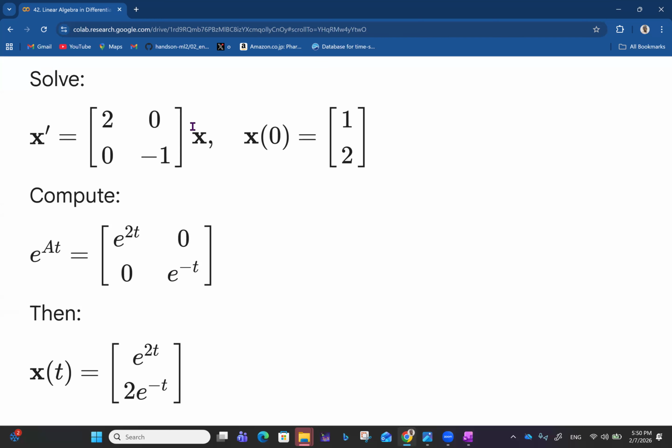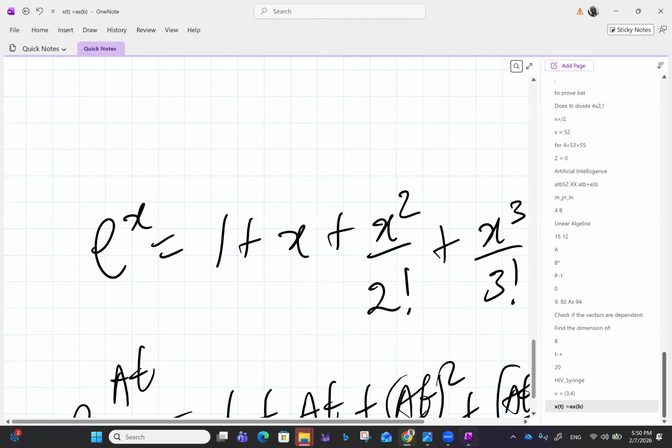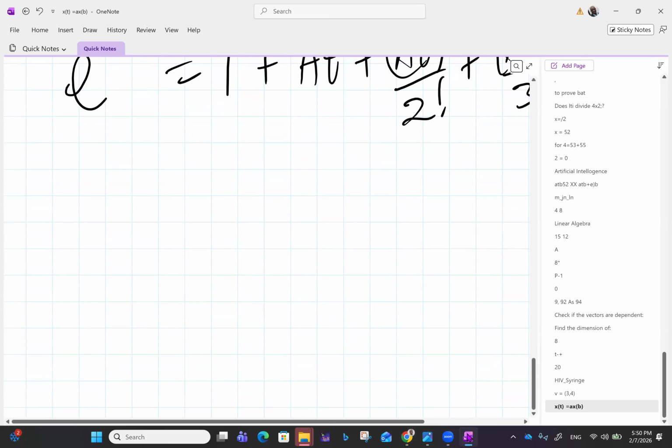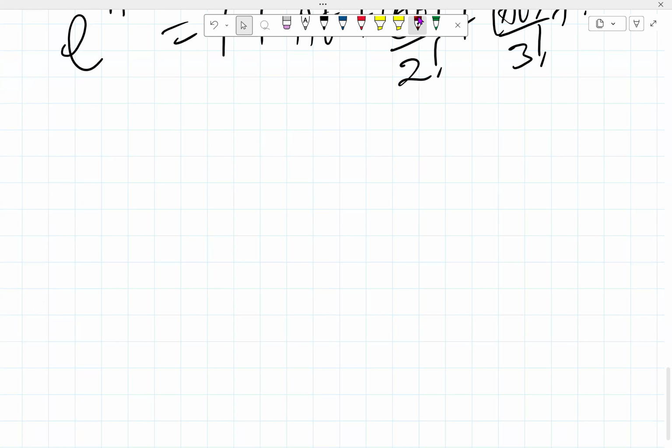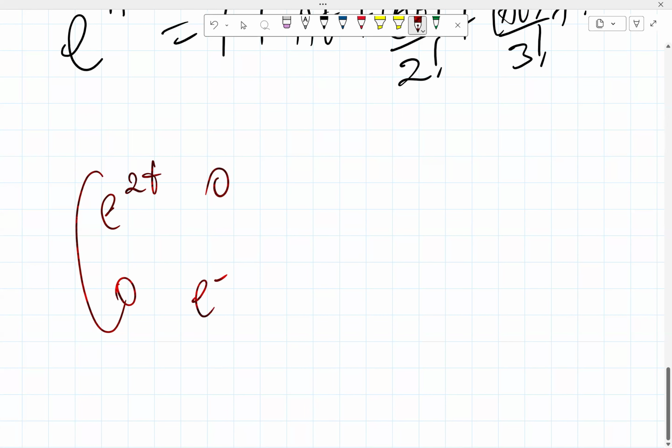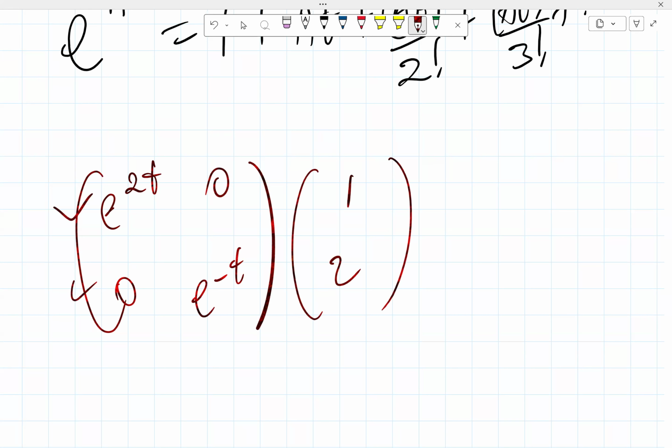So if you put 1, 2 here, I mean e raised to the power At multiplied by x naught rather. Maybe I should just do that. It's very straightforward. You have e raised to the power 2t, 0, 0, e raised to the power minus t, multiplied by 1, 2. So here you have two rows, it means you're going to write this one twice.